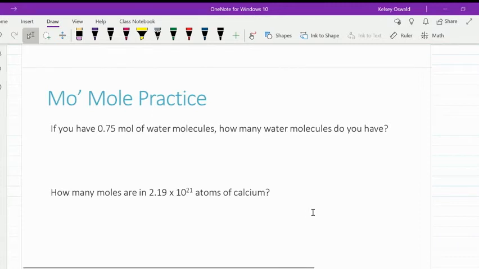All right, so we are going to go ahead and check to see what we got for our answer here. So again, we're using our conversion factor that 1 mole is equal to 6.022 times 10 to the 23rd. We never start with a conversion factor, so that means we'll start with our 0.75.